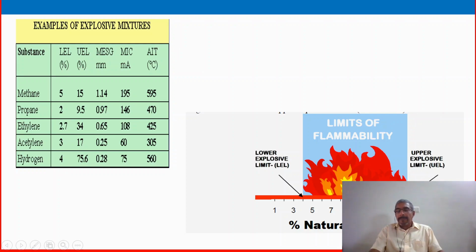Above this upper explosive limit or below this lower explosive limit, combustion does not occur, because below LEL it is a weak fuel condition, and above the upper explosive limit is a weak air condition. So in these conditions fire will not happen below LEL and above UEL, sometimes called the higher explosive limit.